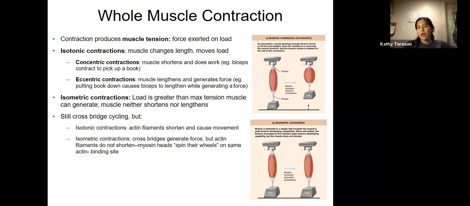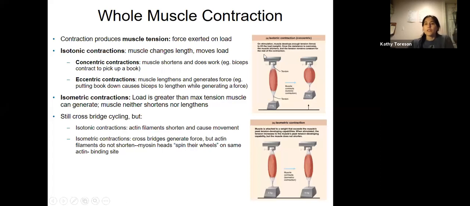But if I try to move my desk, which is much heavier, I can still generate tension in my muscle, but the fact that I'm not moving the load means that my muscle is not getting shorter either. And you guys can do this right now. Grab the edge of your table. I can feel my muscle contracting, but it's not getting any shorter and I'm not moving the load, which is the desk.